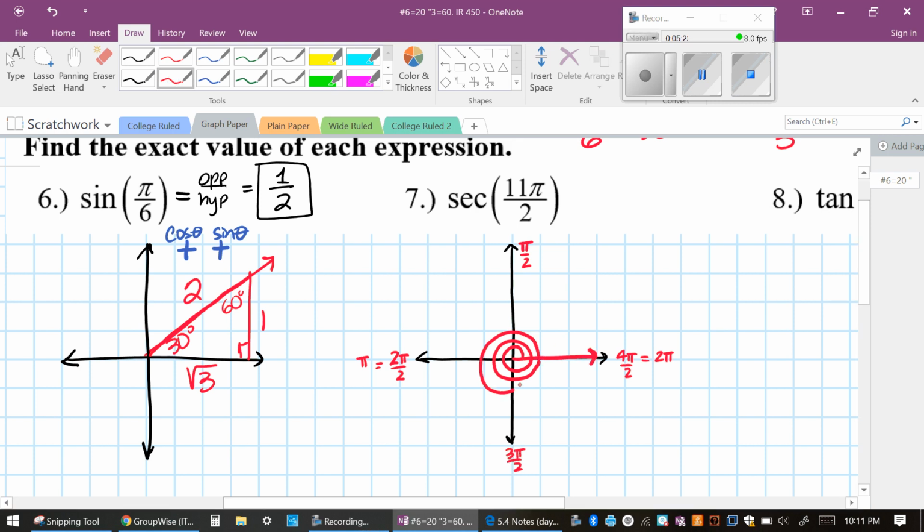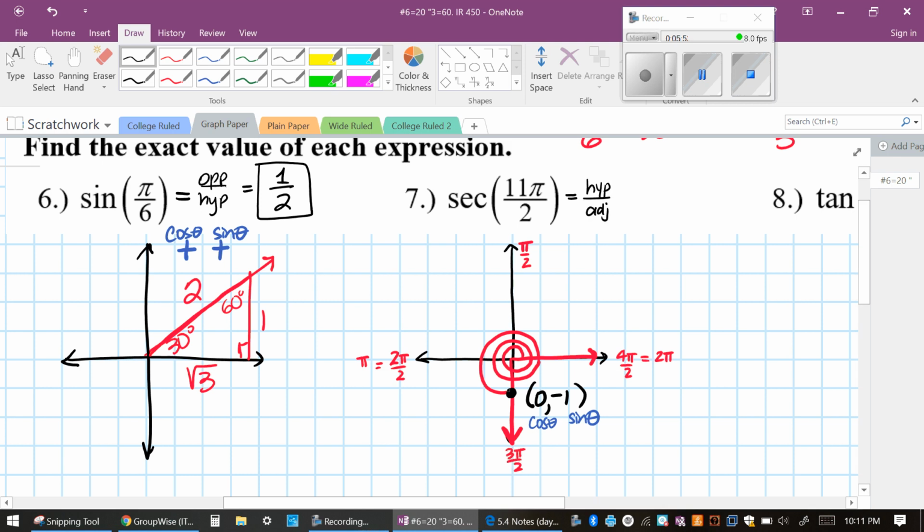So if I were to graph it, my terminal side would be on the y-axis. That's a quadrantal angle. For quadrantal angles, we need the ordered pair. So this is 0, -1. This is your cosine. This is your sine. Normally, secant is the reciprocal of cosine. Cosine is adjacent over hypotenuse, so secant would be hypotenuse over adjacent.